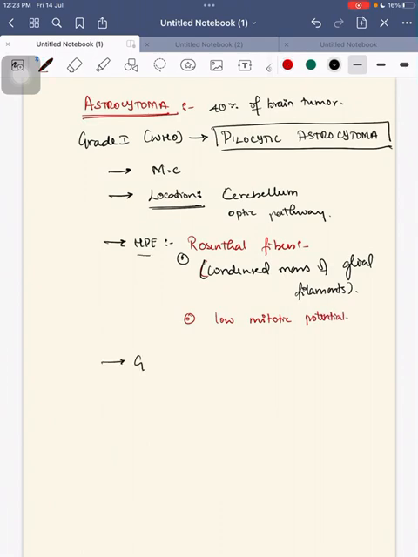Next, its genetic significance. The child will have an activation of the MAPK pathway in the form of BRAF mutation.